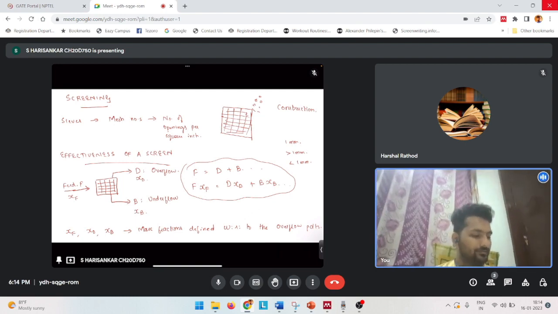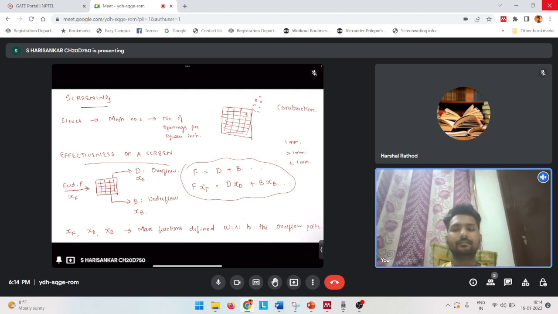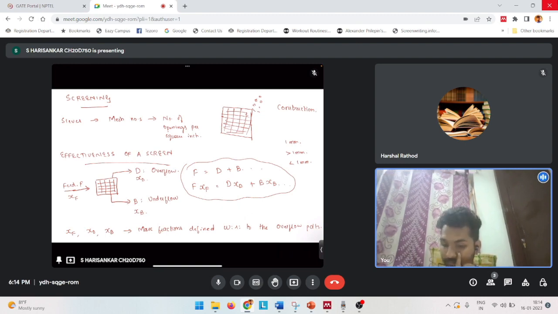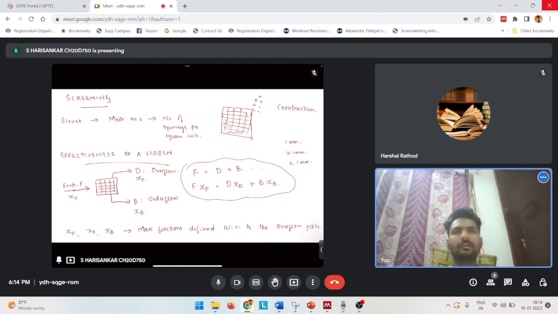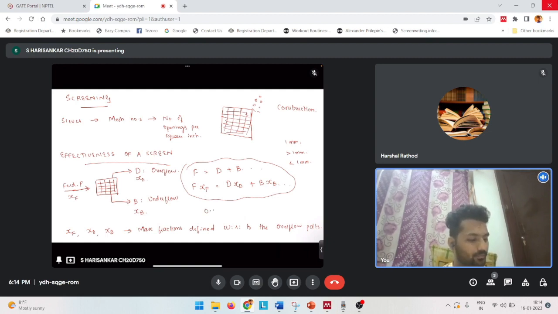As I said, these mass fractions XF, XD and XB are defined based on the overflow products. That means, let's say we are fixing a size, just an arbitrary value, let's say 0.1 mm. When you say XF, XF means the fraction of the feed particles which has a size less than or equal to 0.1 mm.